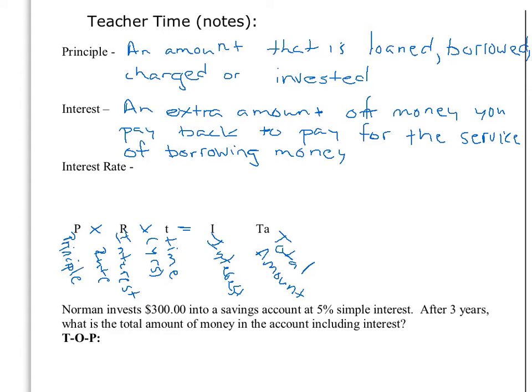Every time that you borrow money from the bank, that's usually called a loan. The bank is letting you borrow money. So depending on how much you borrow from them and how long you borrow it and how much the interest rate is that they give you will determine how much extra you have to pay them back when you pay them back. If you charge money on a credit card, you are borrowing money from the credit card company because you're not physically handing the cashier any money.